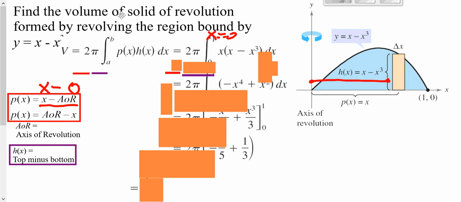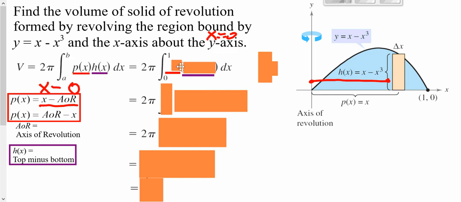Then you have your height. Notice it's your function on the top minus down here your axis, which is 0. So it's your function minus 0, which is just your function.